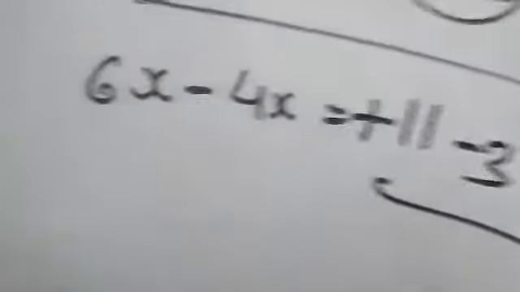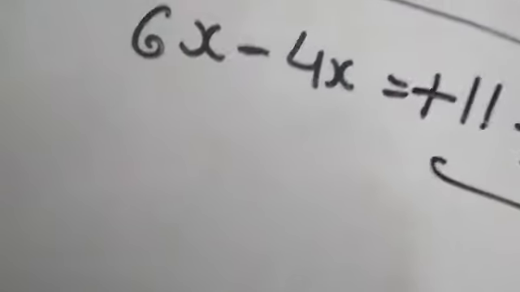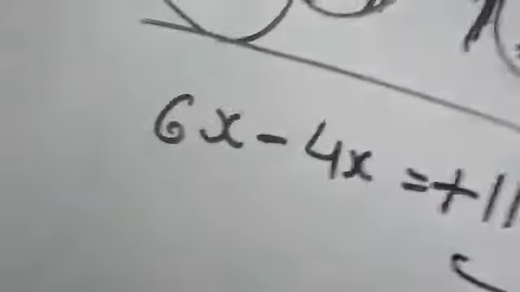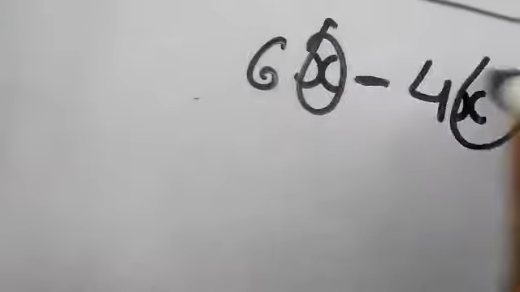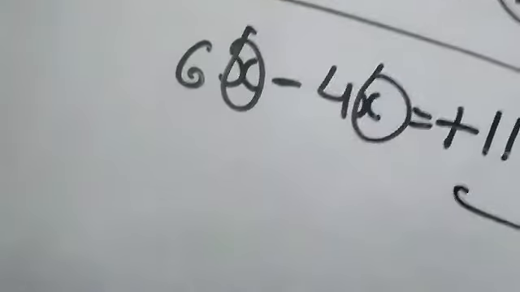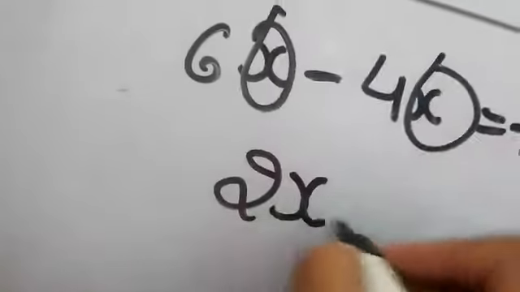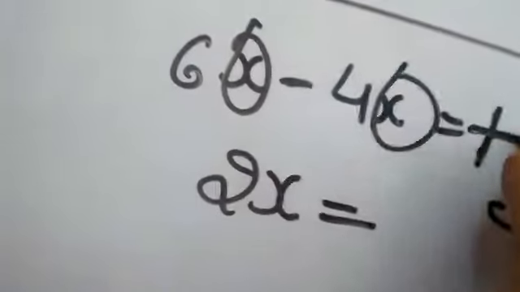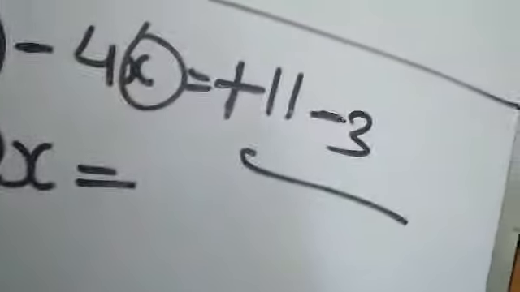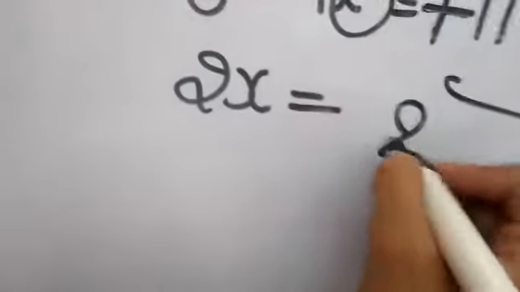Now, we always add and subtract like terms. These two are like terms because they have x, the same variable with the same power. So 2x is equal to plus 11 minus 3. It will be 8.